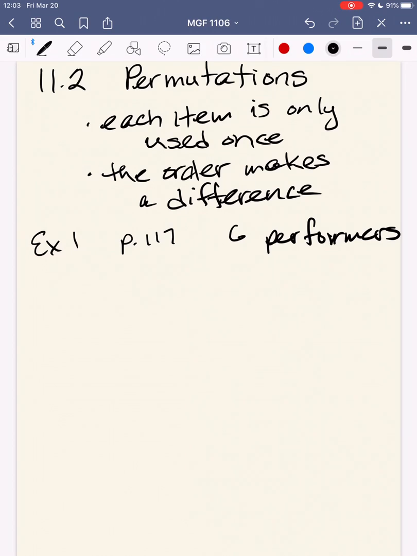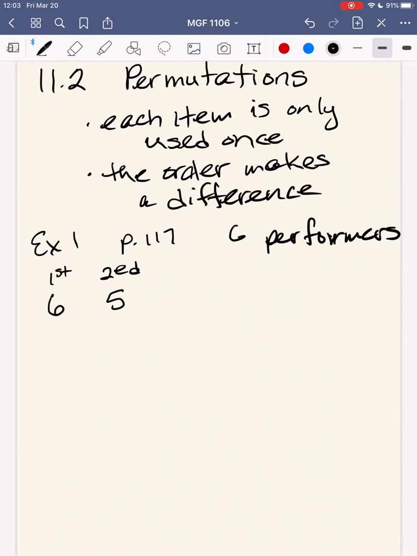When we schedule the first appearance, we have the choice of all 6 performers, so anyone can go first. When we choose our second performer, one person has already gone, so now we only have the choice of 5 performers left.